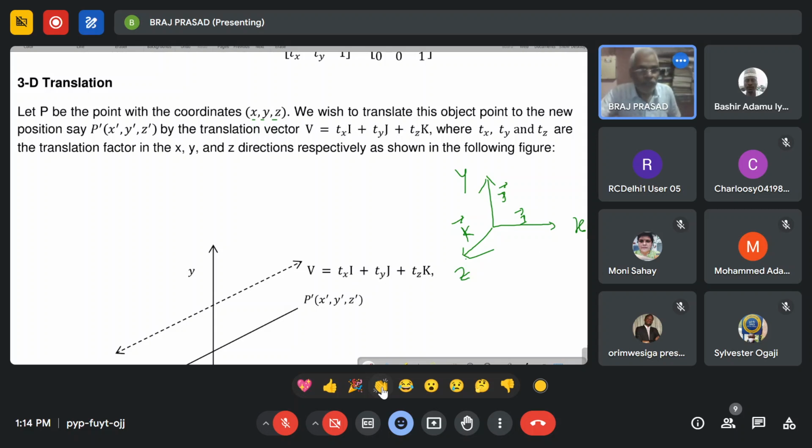For 2D, v is equal to txi plus tyj. But in case of 3D, we introduce a new term tzk, and the coordinate becomes x dash, y dash, z dash. So this is the concept. Now how will we calculate this?